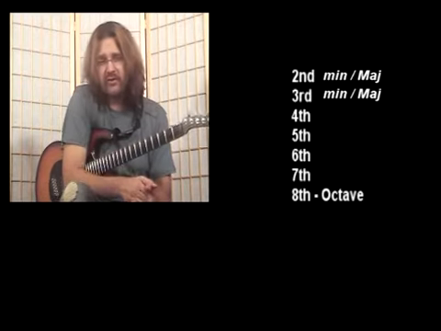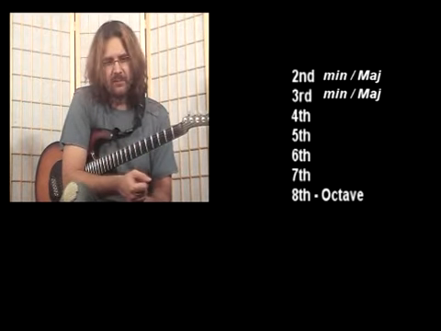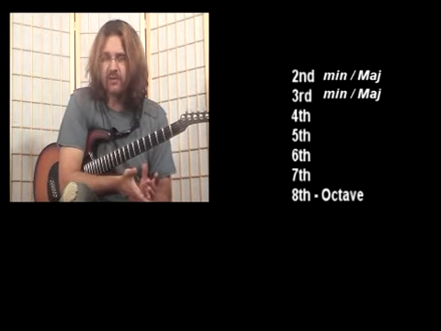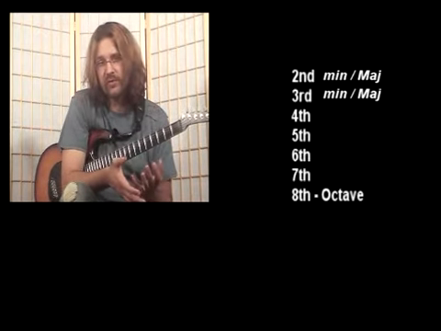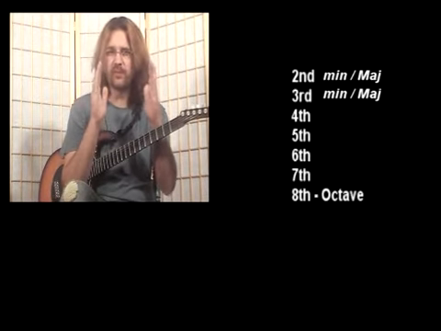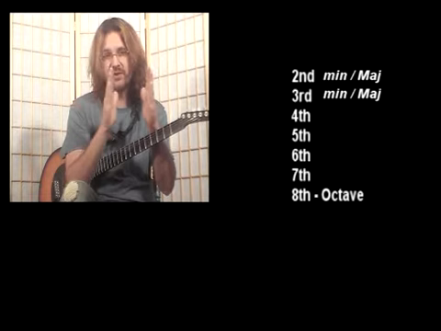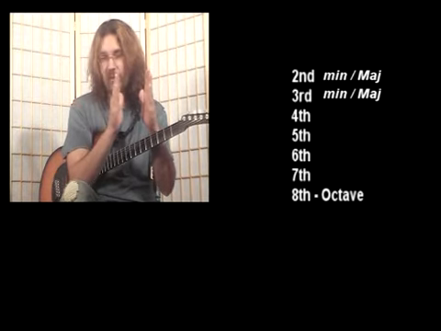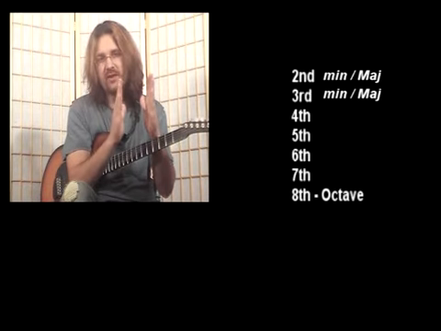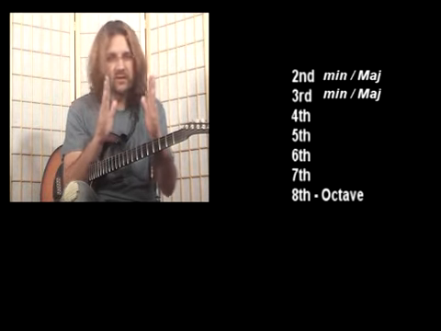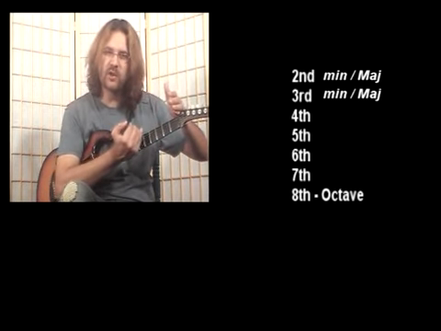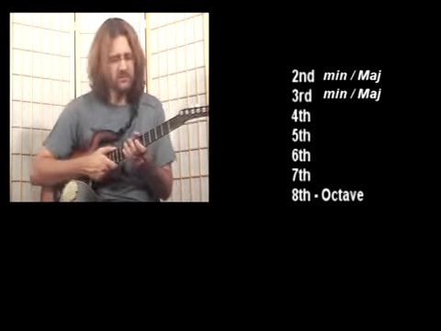Now, some intervals, such as the fourth, we don't have minor or major fourths. We've got a natural fourth, also known as the perfect fourth, and then we can have a diminished fourth, which means that the perfect fourth interval is diminished by 1 half step. So that interval is going to be a little bit smaller than the natural fourth, or an augmented fourth, a little bit bigger. So the difference between two notes is going to be a little wider.